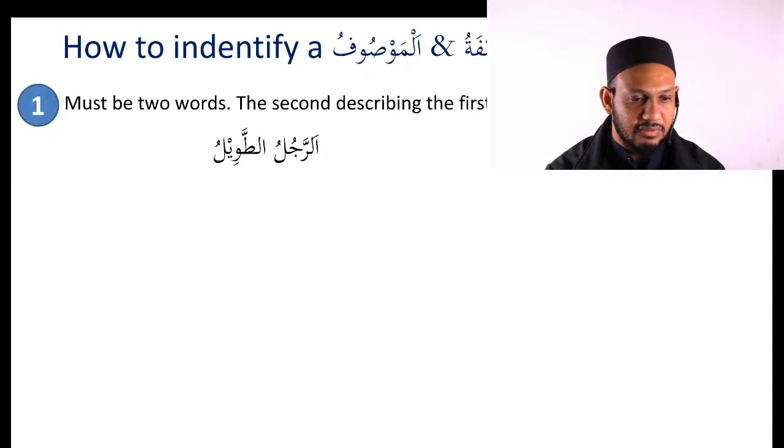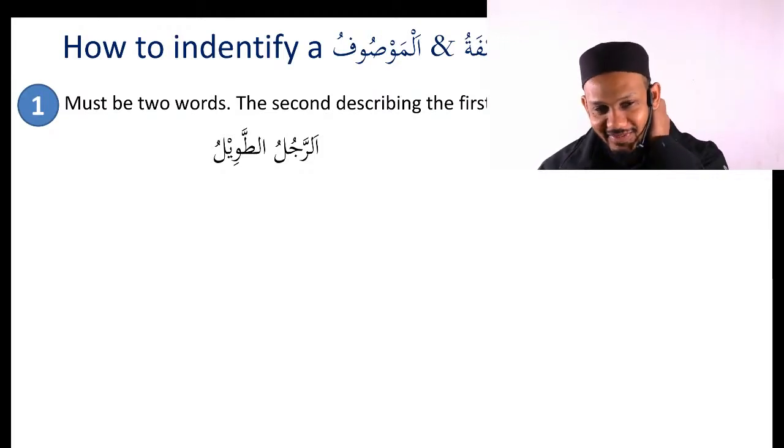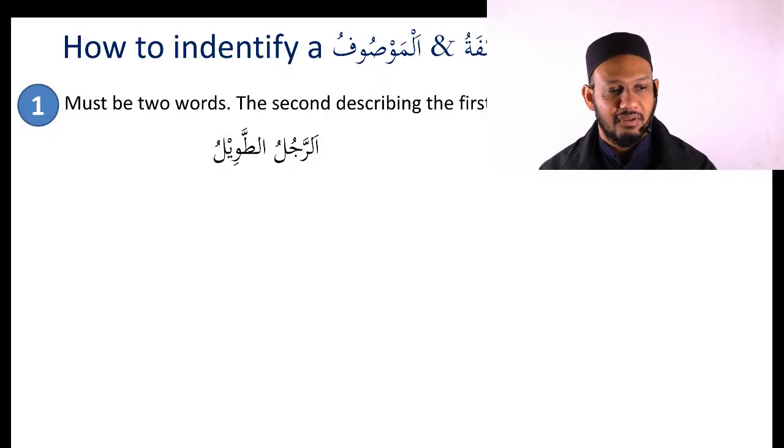The heading here reads: how to identify a mawsuf and a sifa. First of all, it's going to be 2 words. And the function of the second word is to describe the first word.